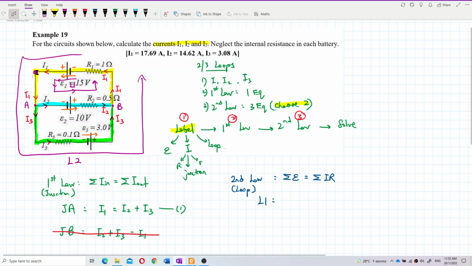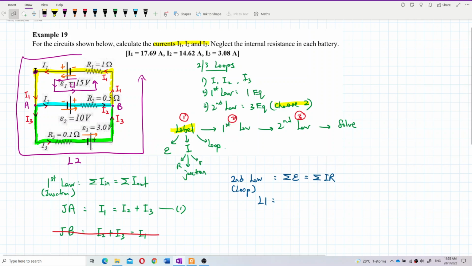That means I travel to junction A, then to the right to junction B, and then go up, through resistor 1 and battery E1, and back to the same point. That's loop 1. That's what I mean by traveling anti-clockwise in the top loop.